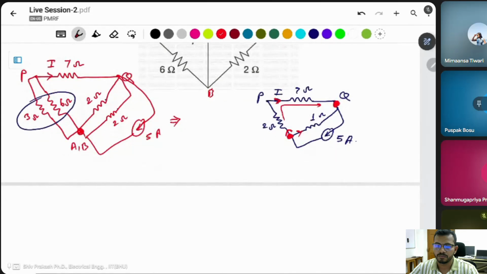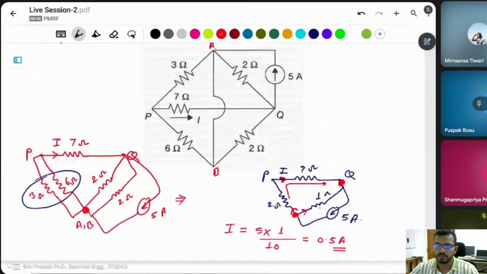Okay. Then you can apply the current divider. I is equal to, what is the current divider rule? Total current times the opposite branch, that is 1 ohm, divided by the total resistance, 7 plus 2 is 9, plus 1 is 10, which is equal to 0.5 ampere. So 0.5 ampere of current is flowing through the 7 ohm resistor here.